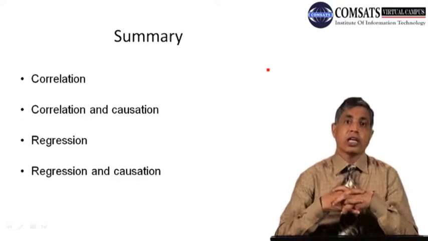Then I talked about the conditional mean and the unconditional mean. Unconditional mean is the overall picture of your sample or the population, the average value or mean value of your population. And what is the conditional mean?